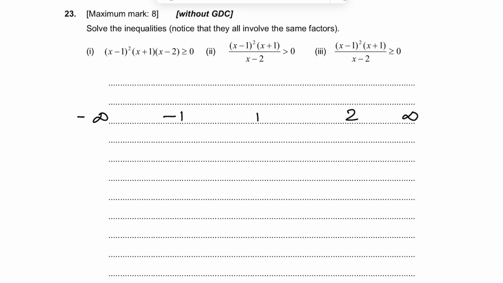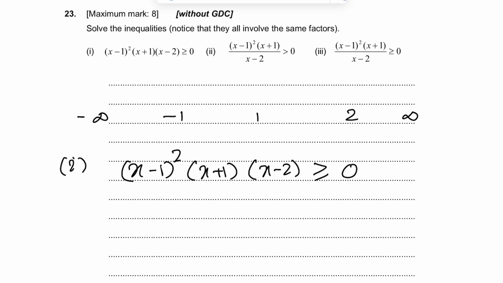So I take a number between, so the first one, x minus 1 whole square times x plus 1 times x minus 2 should be greater than or equal to 0. So I should be getting a positive number. So where should I get a positive number? First, I'll take between negative infinity and negative 1, maybe negative 2.